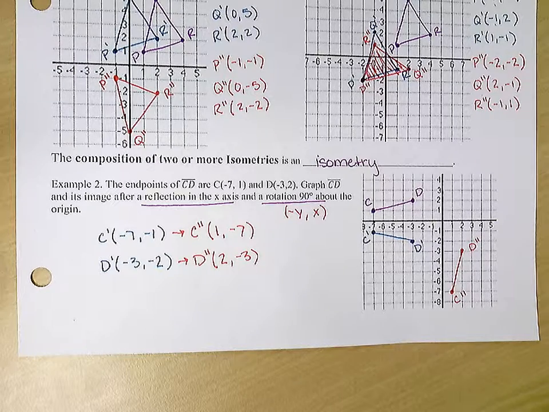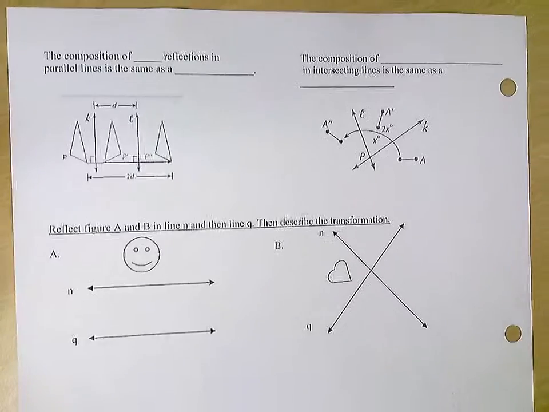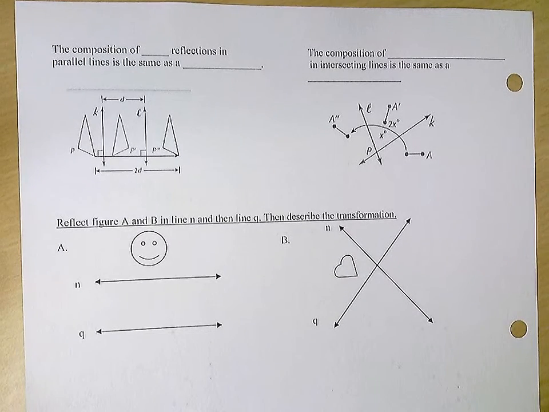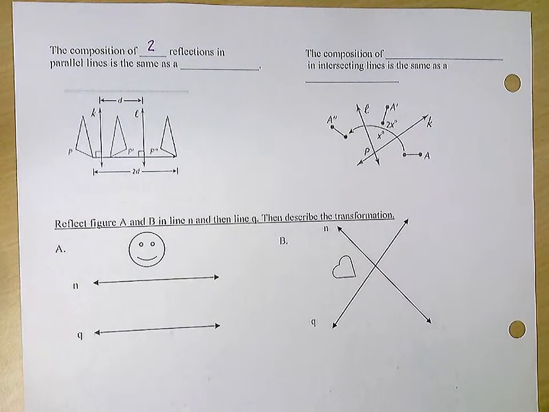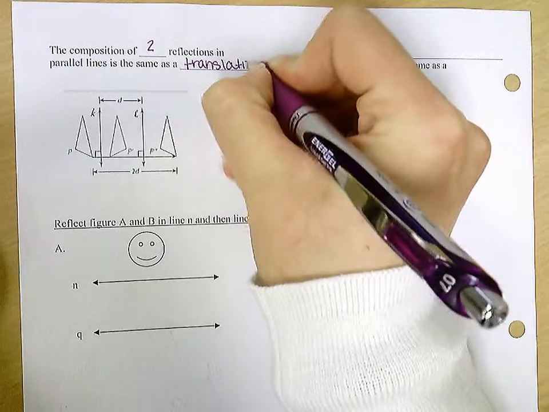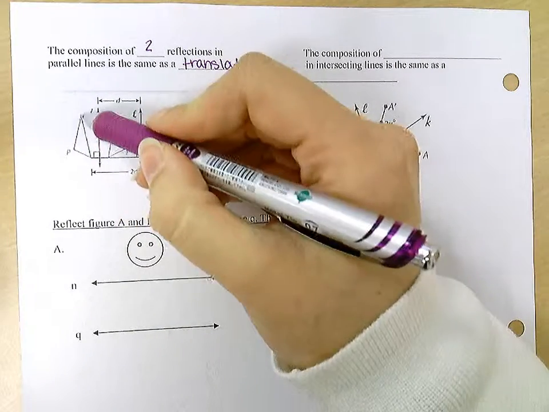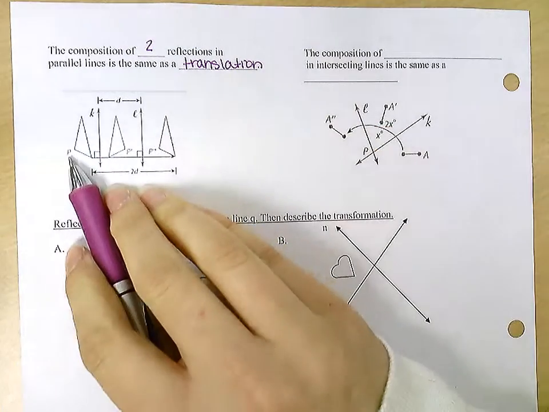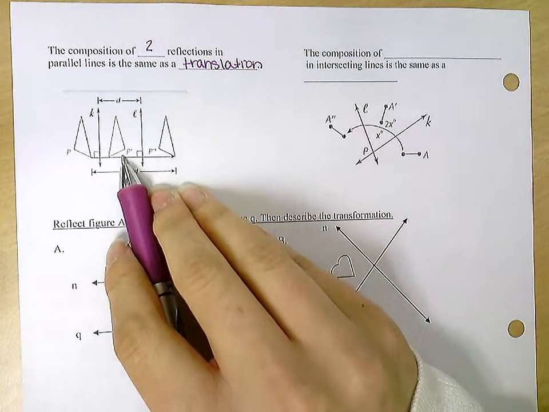All right, then I do want you to go to the back. The combination of two reflections in parallel lines is the same as a translation. So in my picture below here, if I look at my pre-image where this P value is here, I reflect that triangle over line K. I get P prime.